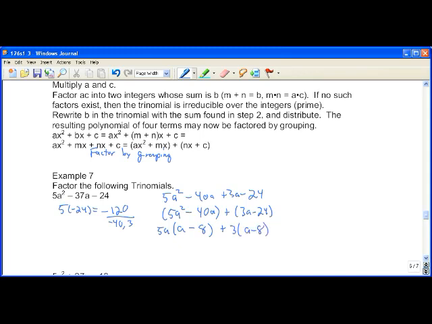A minus 8. So it's going to be 5a plus 3 times a minus 8. Any questions there?